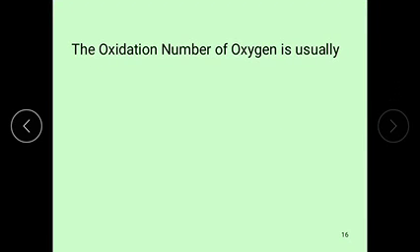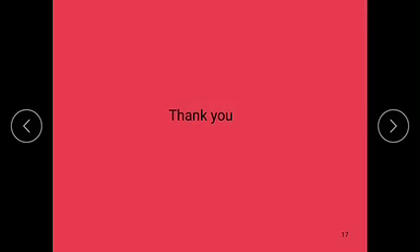What is the oxidation number of oxygen: usually -1, -2, -3, or -4? Usually the oxidation number of oxygen is -2; -2 is the right answer. If it is in peroxide, it is taken as -1.